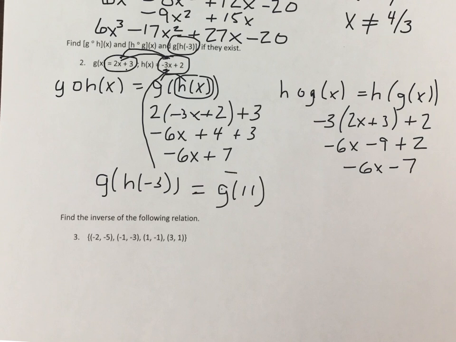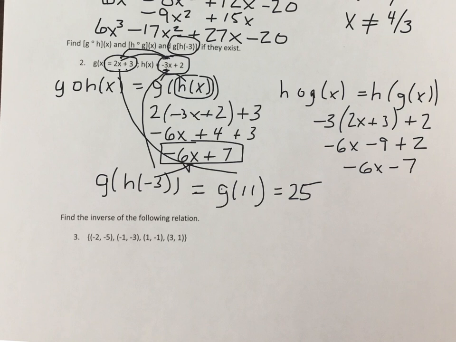Putting 11 in for x would be 2 times 11 plus 3, which would be 25. Just double checking that, we did find the rule for g of h of x, which is right here. And if I would just put negative 3 in there directly, I would get also a positive 25. So it works, and it is checked out.